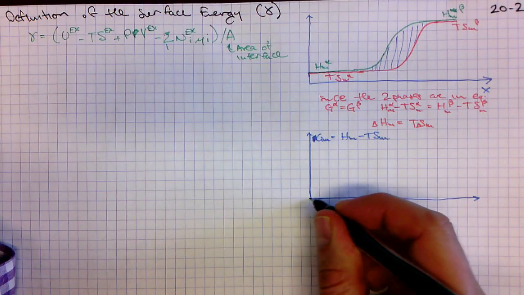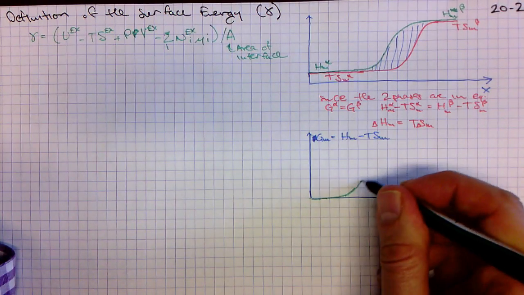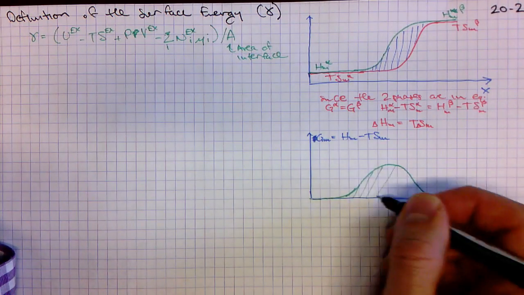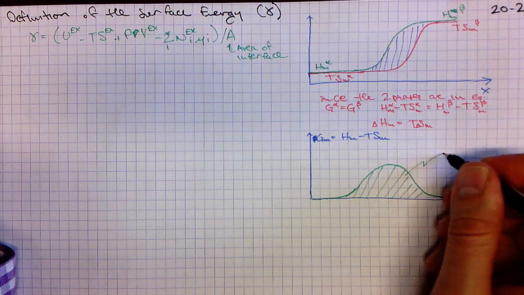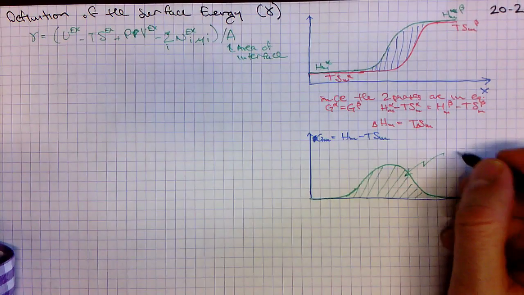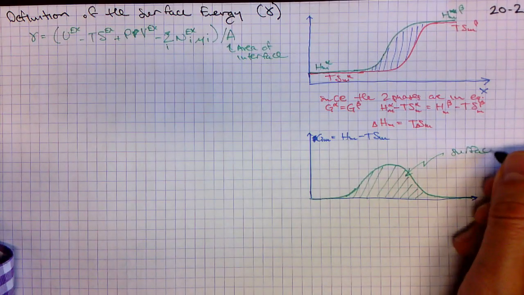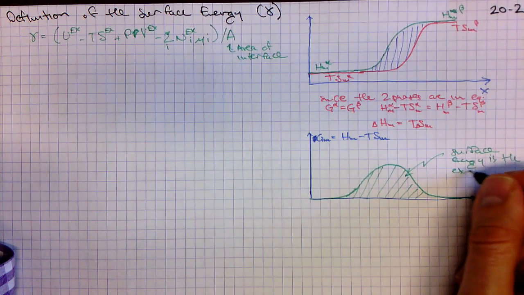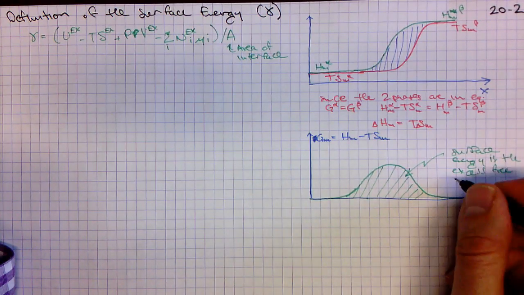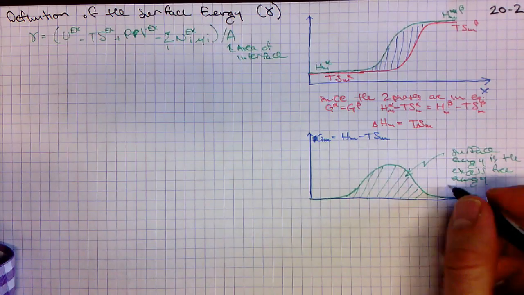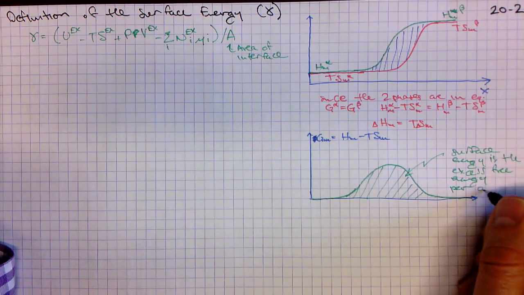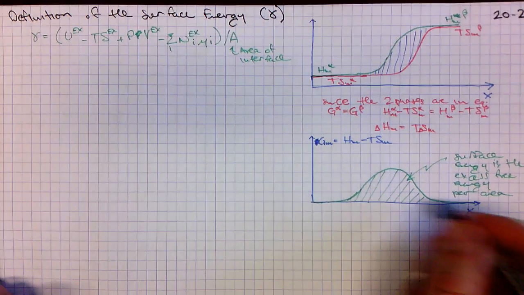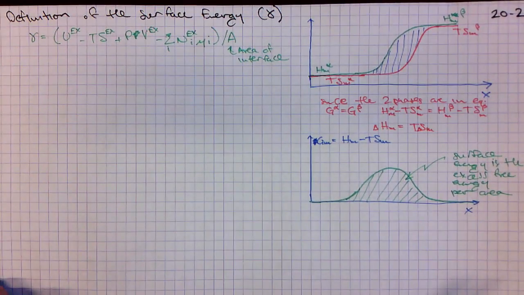It would be 0 in the pure phases, and then we'd have some bump here in the middle as we cross over between the two, and we could integrate over this volume, and this would be the surface energy, the excess free energy per area, integrated over this distance as we move from one phase to the other.